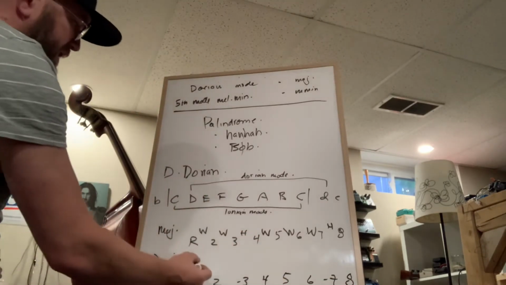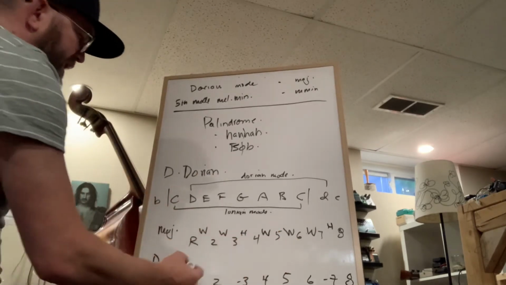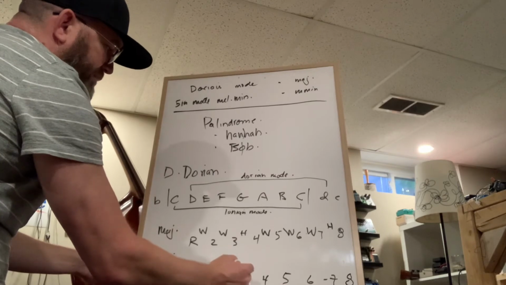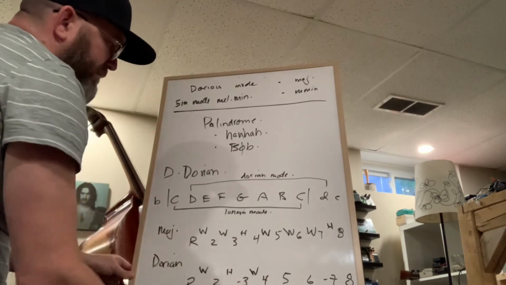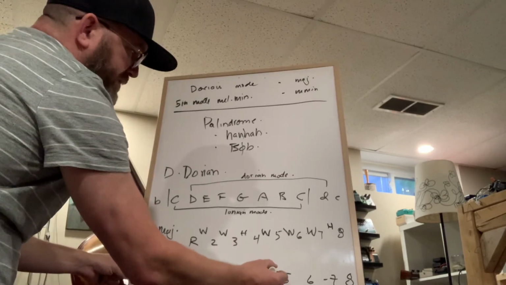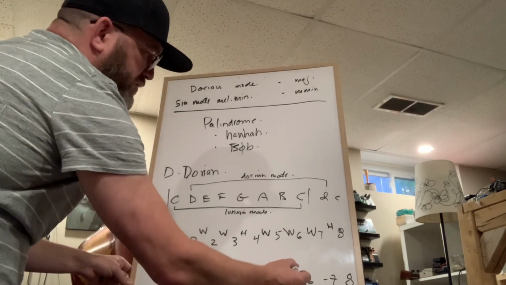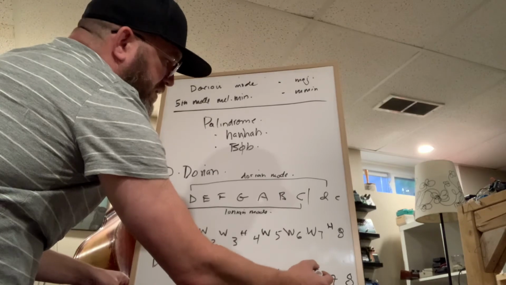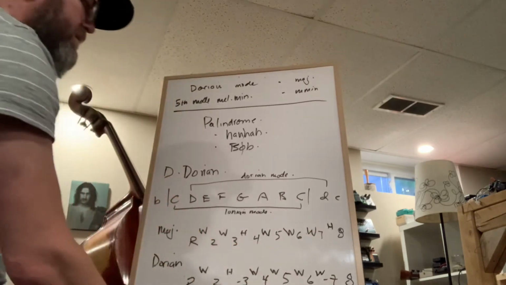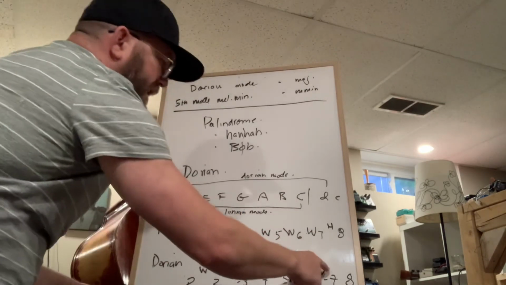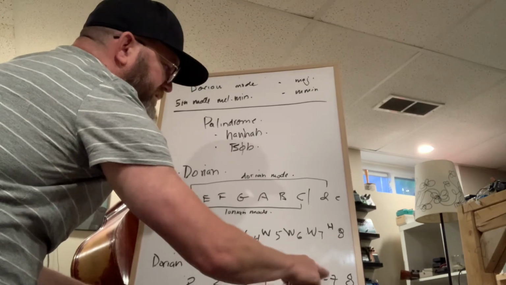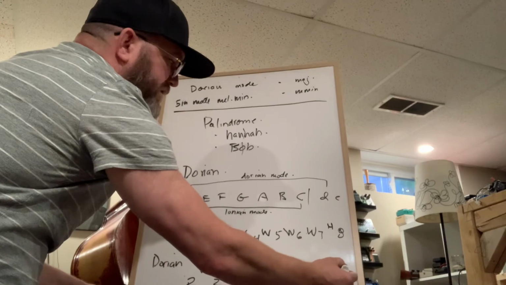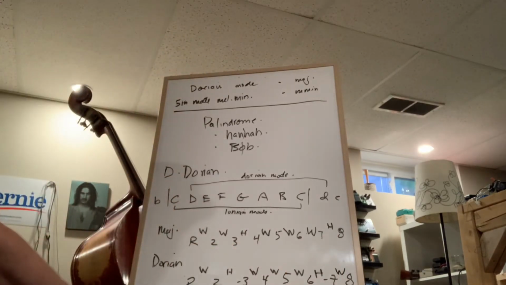And if we look at the distances between these steps, root and 2, you get a whole step, then a half step, then a whole step, a whole step between 4 and 5, a whole step between 5 and 6, a half step between 6 and the minor 7, my mistake, and then a whole step between the minor 7 and 8.